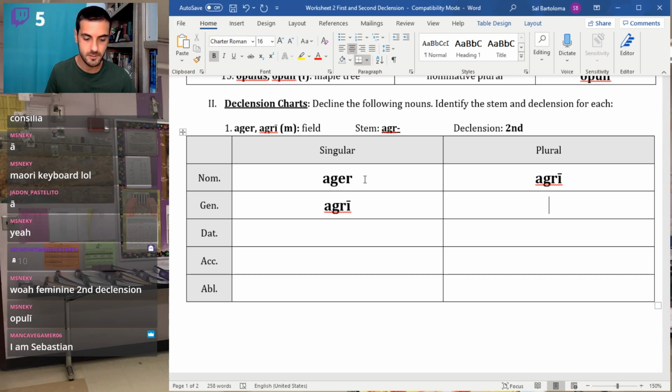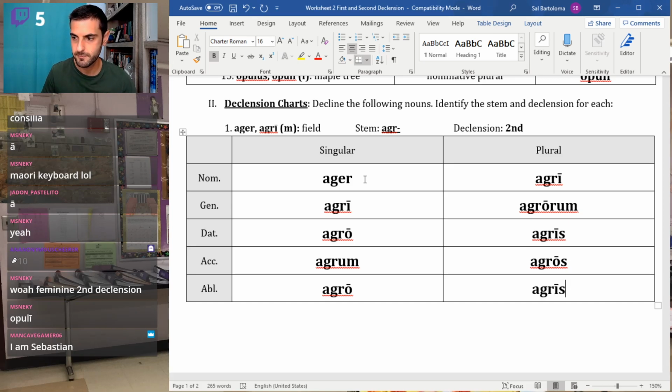Agri, genitive singular. Agrorum, genitive plural. Agro, dative singular. Agris, dative plural. Agrum, accusative singular. Agros, accusative plural. Agro, ablative singular. Agris, ablative plural.